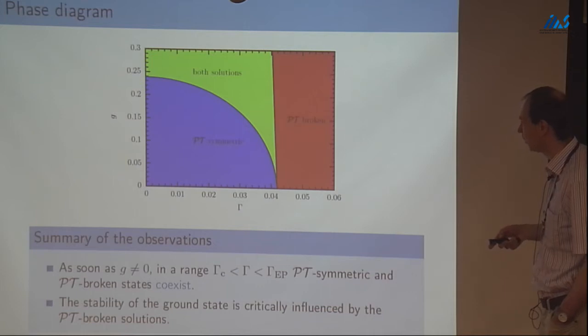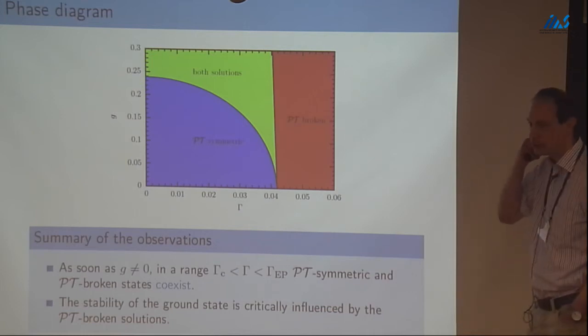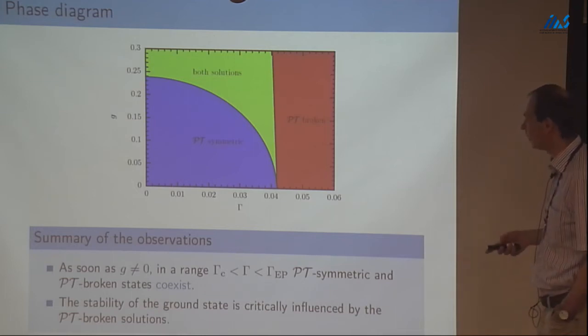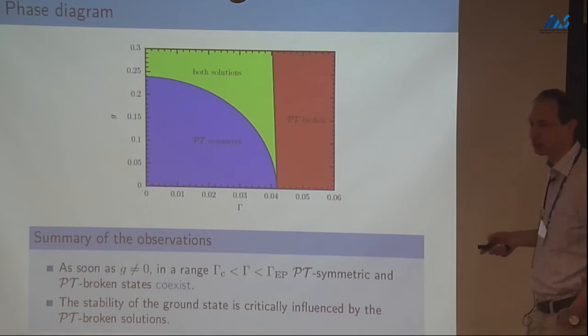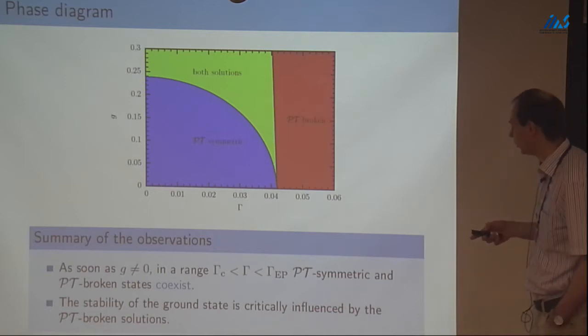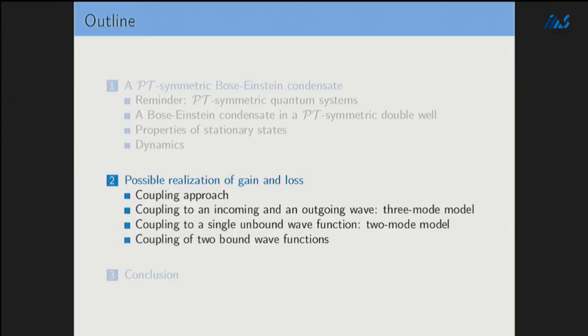So the dynamics cannot be fully explained by the Bogoliubov-de Gennes equation or the stability of these states. It also depends on the initial conditions and is due to the combined action of this gain and loss effect together with the nonlinearity. So that was the summary of what we found in the complex potential solutions.